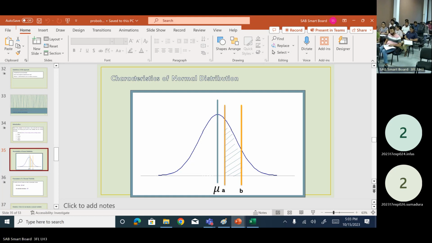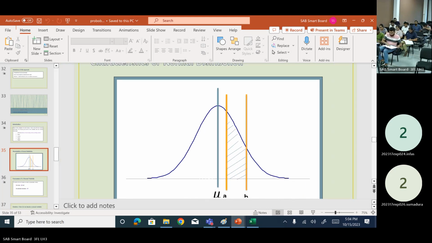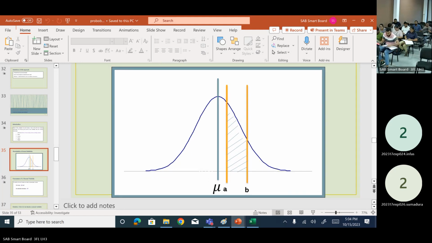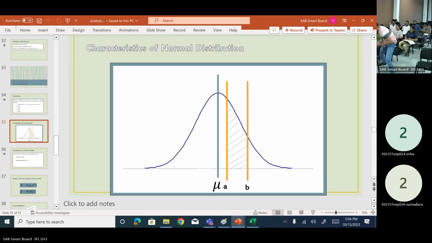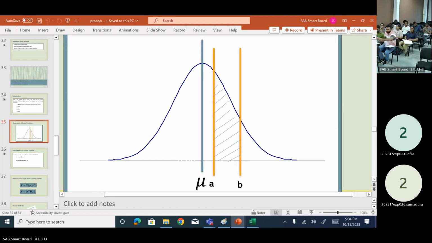Then in the exact middle, a line for mu, and two more lines here, with the area in between highlighted, A, B. When you draw it, it should be symmetric.